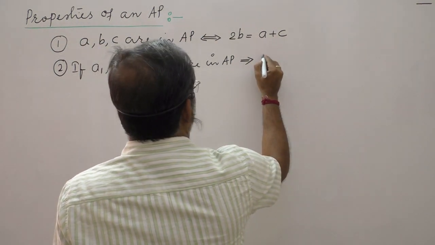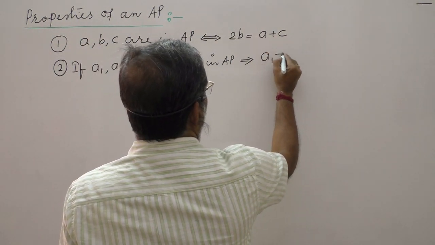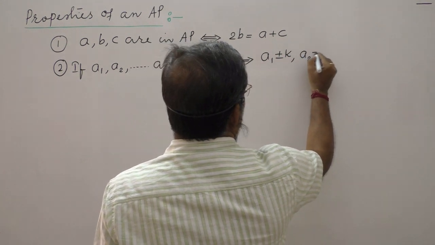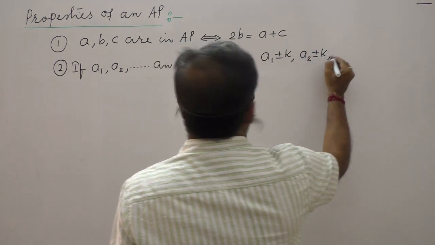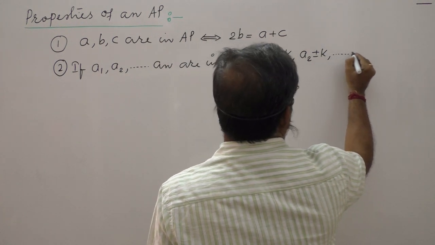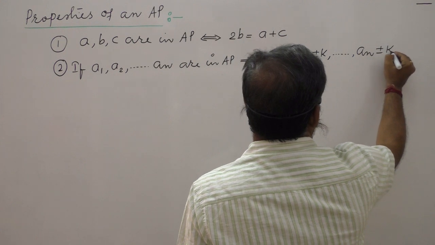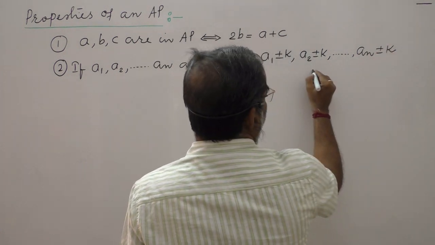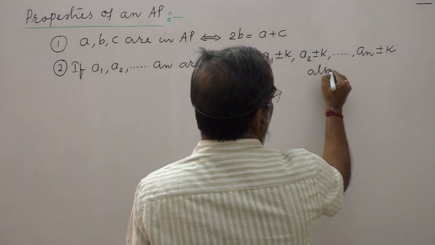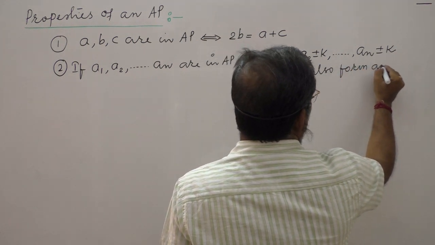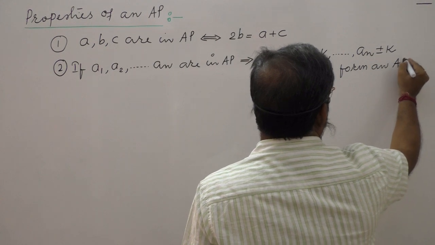This implies A1 plus or minus K, A2 plus or minus K, A3 plus or minus K, etc., AN plus or minus K also form an AP.